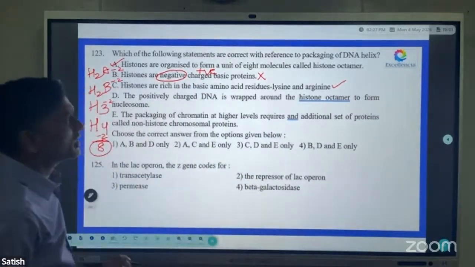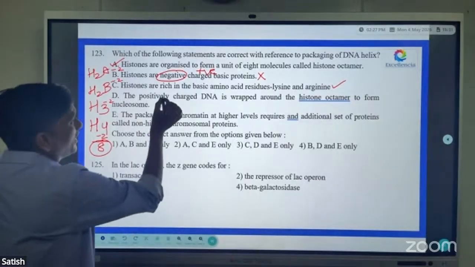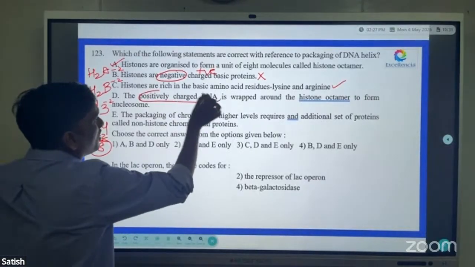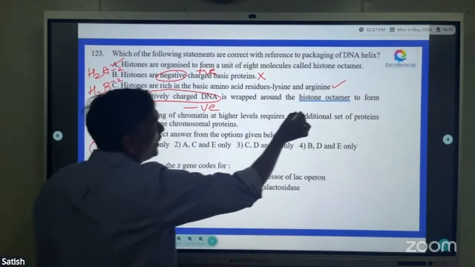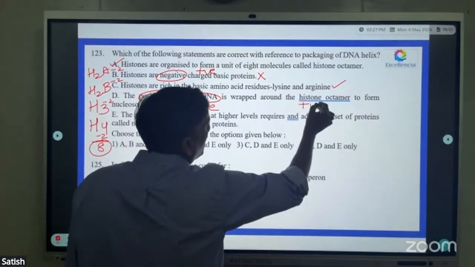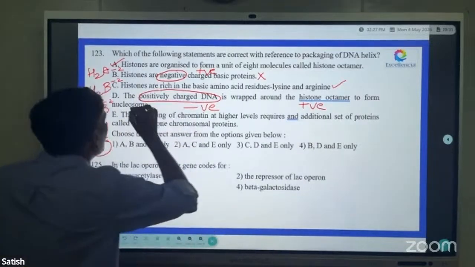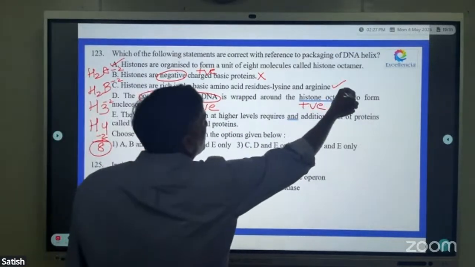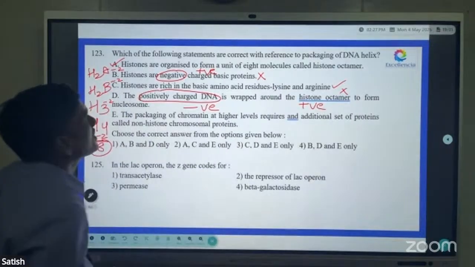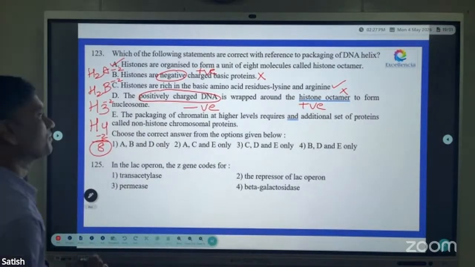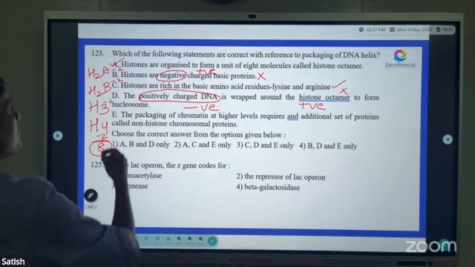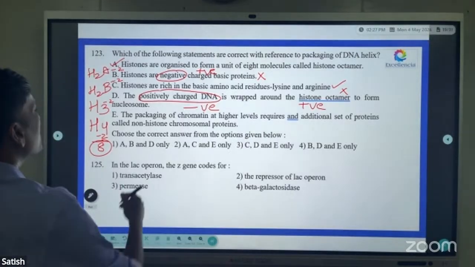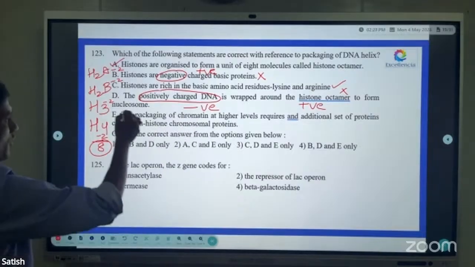The positively charged DNA, here only we can identify whether the statement is true or false, because DNA is always negatively charged, wrapped around the positively charged histone octamer to form a nucleosome. So it is also a wrong statement. So the correct statements in this question were A and C. A, C, E. Yeah, sorry, one more statement is there.